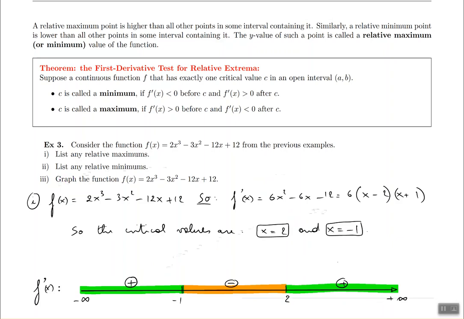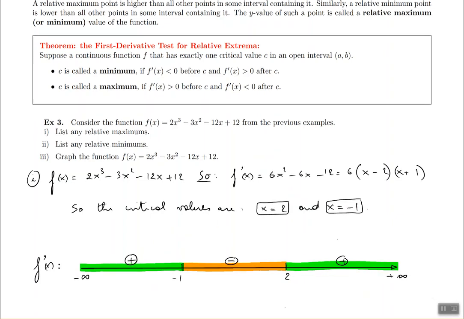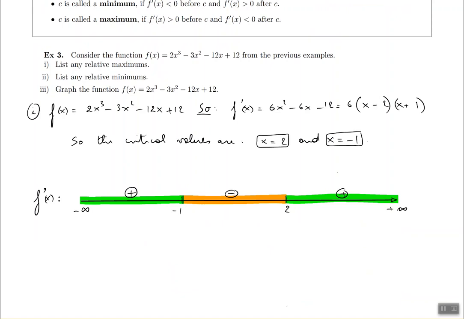So in this particular problem, they wanted to find the maximums of this function. So all I have to do is finally look at the intervals, right? So the first one is positive. So that tells me that the function f of x is actually increasing. So I'm going to put arrow up. That means it's increasing. Because the derivative is positive, the function is increasing. Now the middle interval, the function f of x is going to decrease.